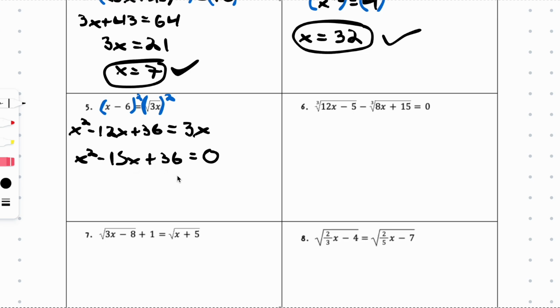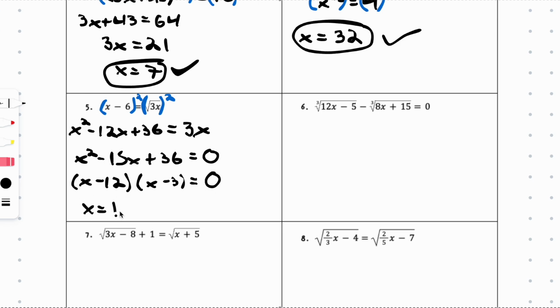Now we want to factor this. So we want to think of two numbers that multiply to positive 36 and add to negative 15, and that's going to be negative 12 and negative 3. So we're going to do x minus 12 and x minus 3 equals 0.